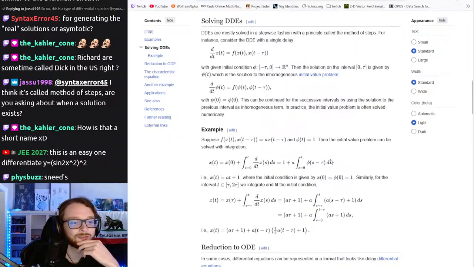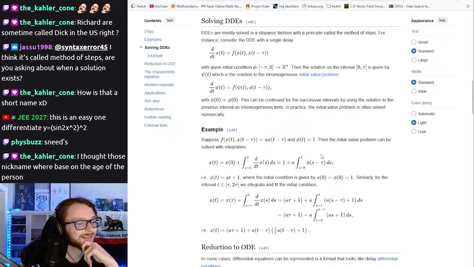Sneeds? What's that? Thinking based on the age of the person. No, it's not necessarily an age thing. I mean, some people, as a kid, they'll get called the nickname, and then as an adult, they'll choose to introduce themselves as the real name, or the full name.